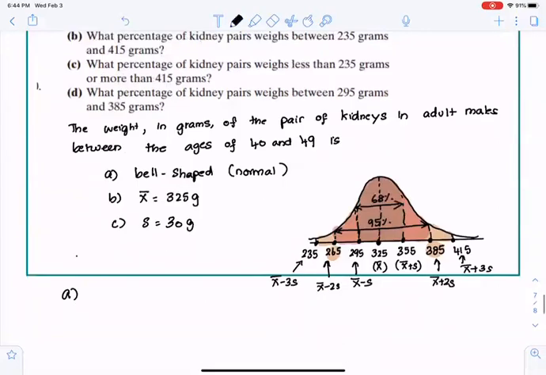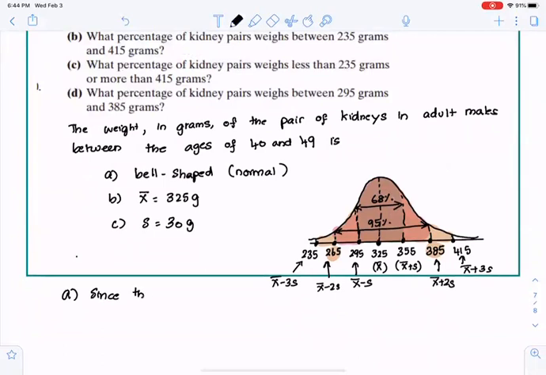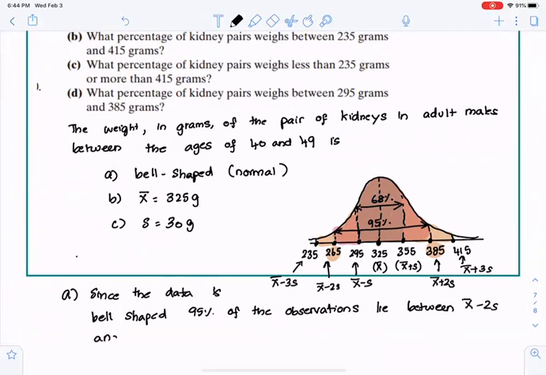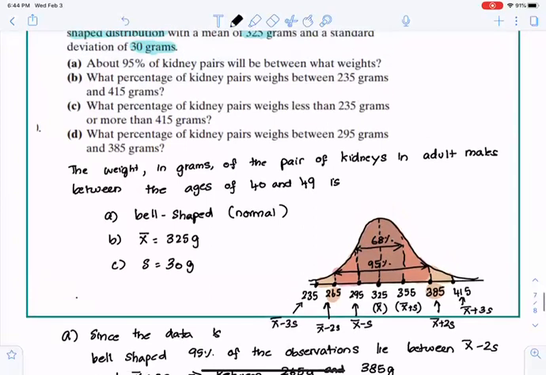So the answer is it has to be between 265 grams and 385 grams.